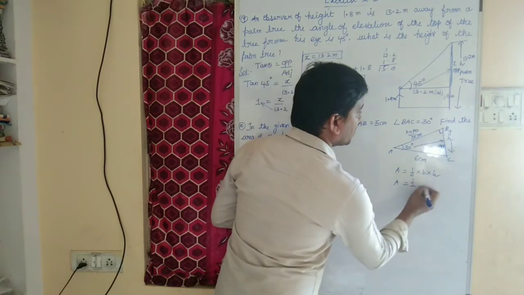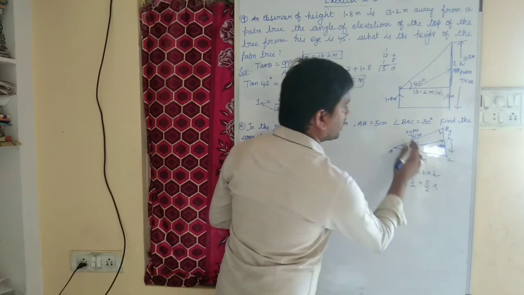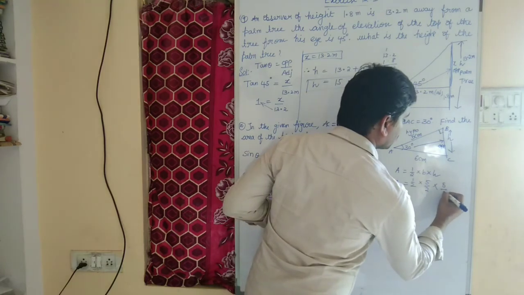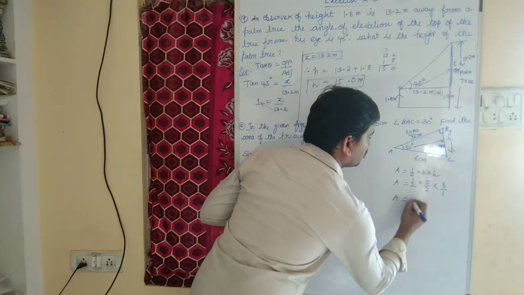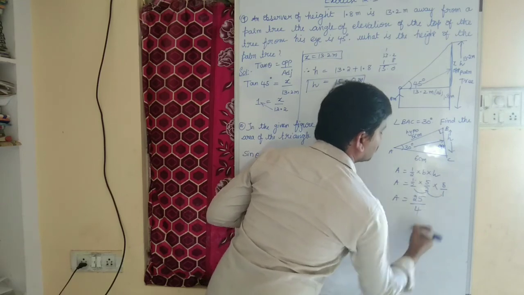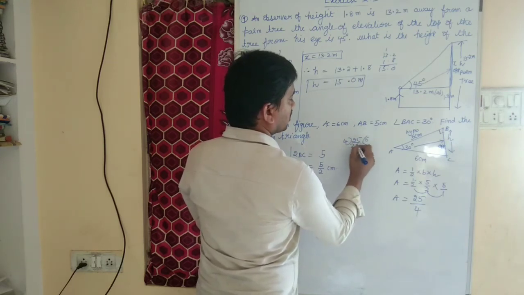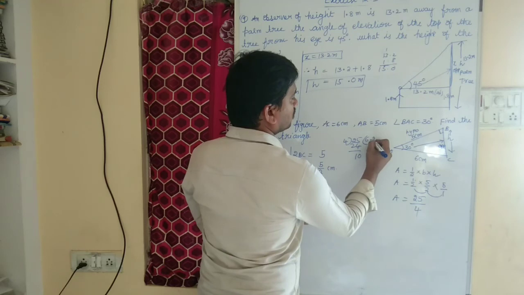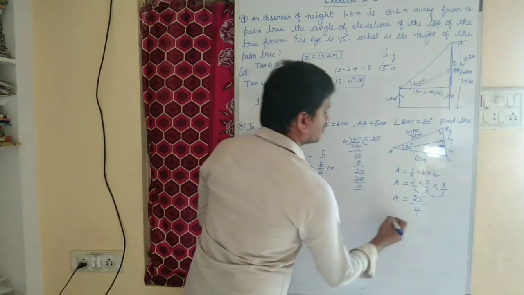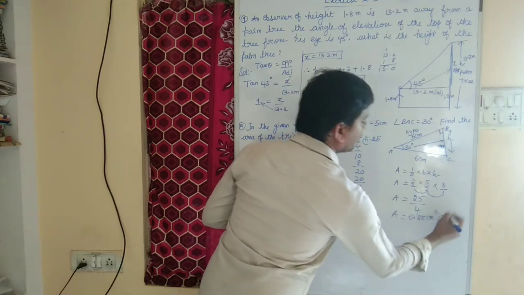So half into base BC, which is 5 by 2, and height is 5 centimeters. So area equals 1 by 2 into 5 by 2 into 5, which is 25 by 4. 25 divided by 4 is 6.25. So the area of the triangle is 6.25 square centimeters.